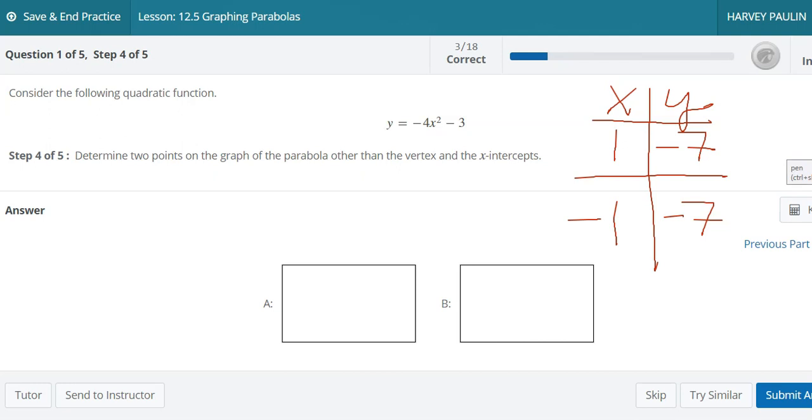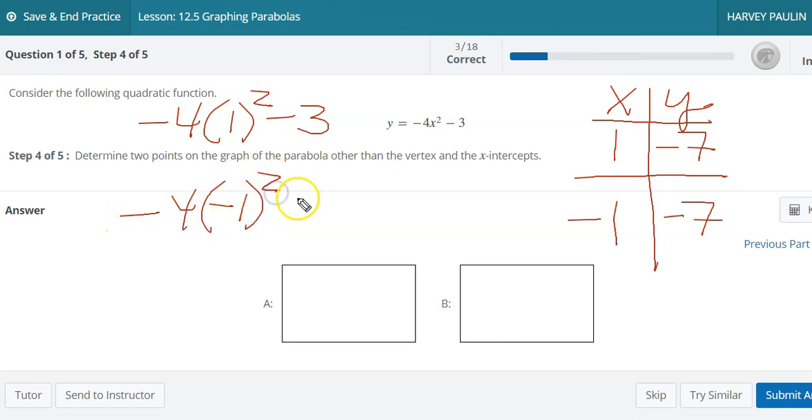Okay, I did some of this mentally, but let's just do it together. So x is going to be 1. So this is negative 4 times 1 squared minus 3, and negative 4 times a negative 1 squared minus 3. We're just finding some values for y when we put in an x value.